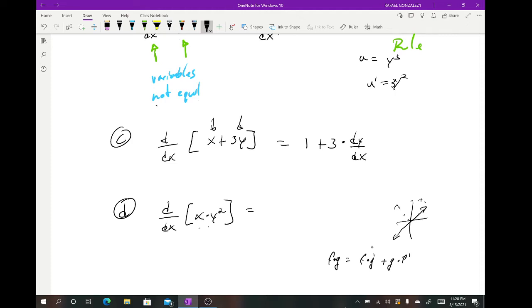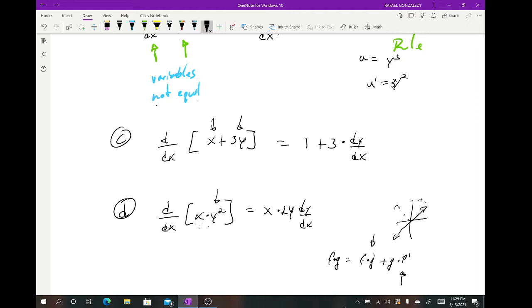So if I follow the rule, I'm doing the first, which is just x, times the derivative of the second. The derivative of y squared is 2y, but because I took the derivative of a y value, I will write dy dx as well. So again, every time we take the derivative of something involving y, we will add dy dx. Now by the formula, let's continue.